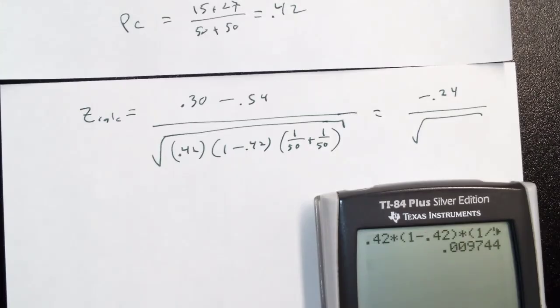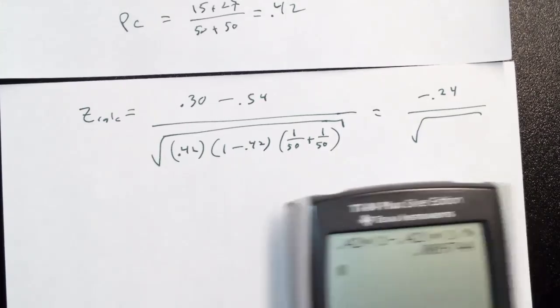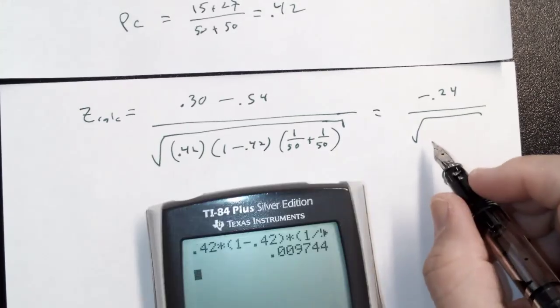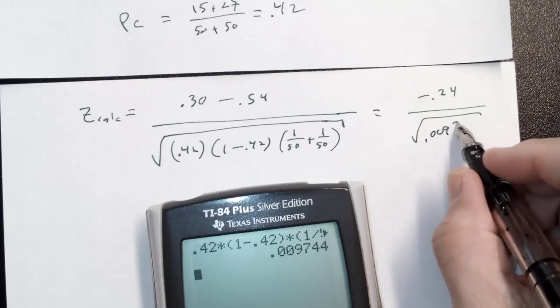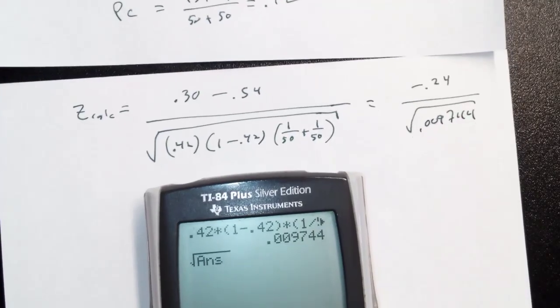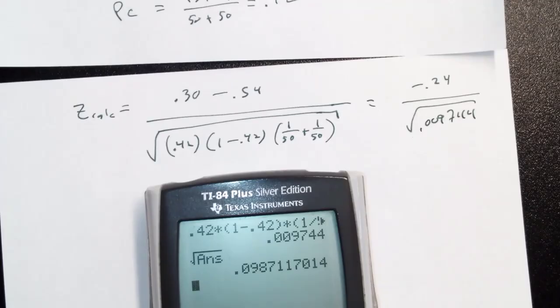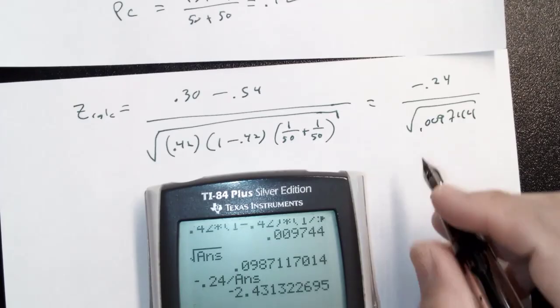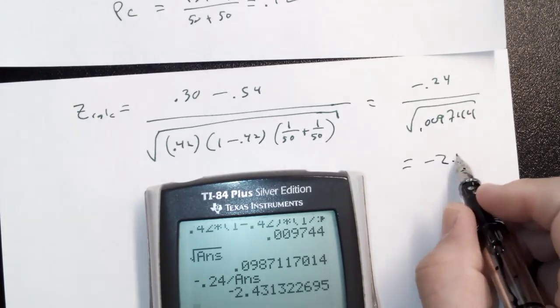I get that. Then I take the square root of that, and then I'm going to take negative 0.24 and divide by that number. Negative 2.43.